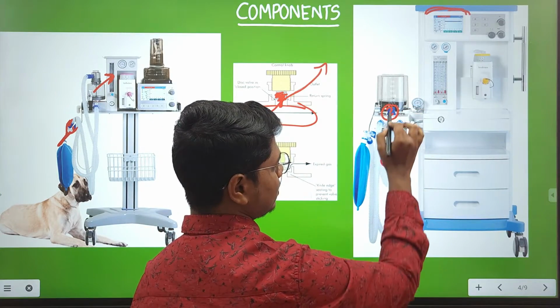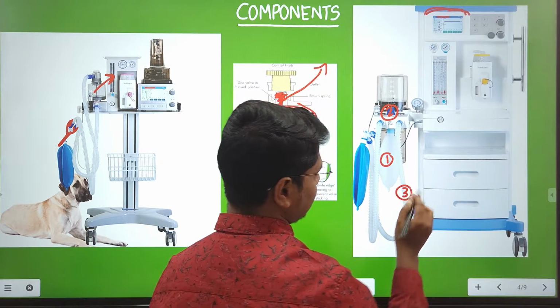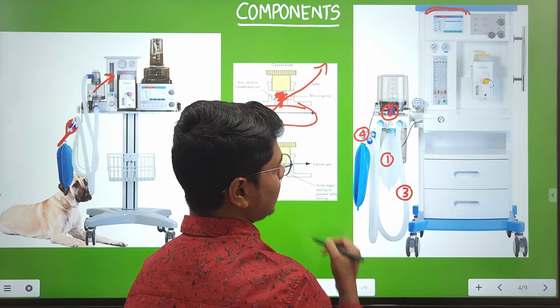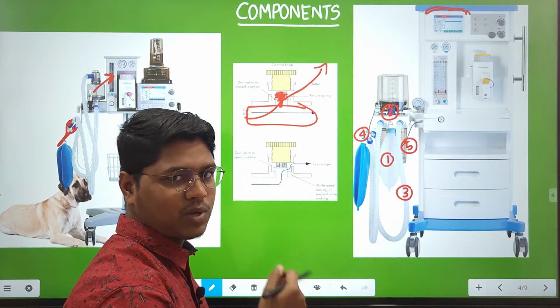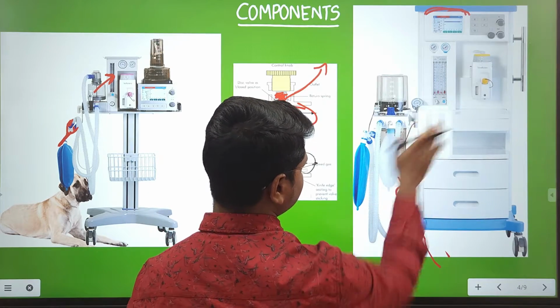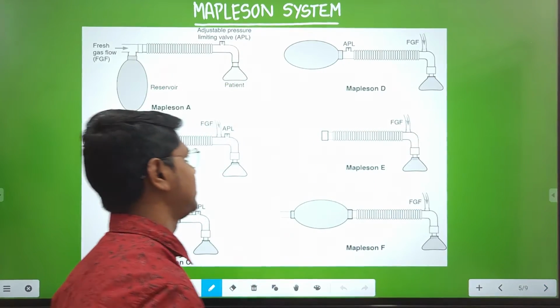So first is the reservoir bag, second the APL valve, third the tubing, fourth the Y piece, and fifth the soda lime canister or CO2 absorbent. Okay, so these are parts of the breathing system. Now we will go to the actual breathing system, the Mapleson system.